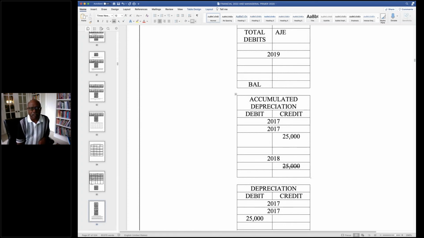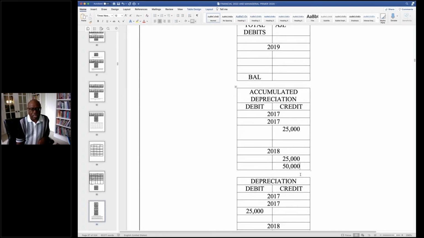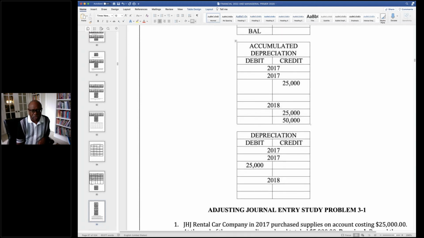So now the balance in accumulated depreciation is how much? 50,000. And depreciation, we would have closed those out now.